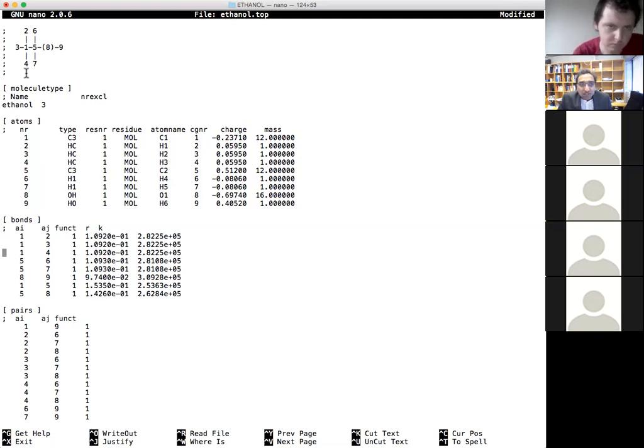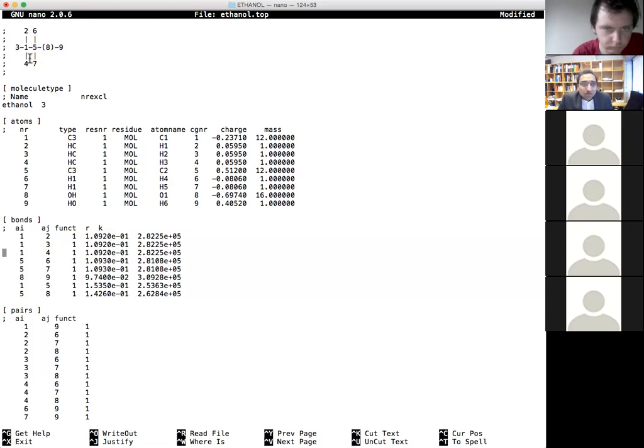In principle, atom 7 and atom 8 should have an electrostatic interaction between them, right? Because they are both charged. But this is going to interfere with the bonded potentials, which also take into account these electrostatic interactions to some degree. Therefore, we say that we are only going to calculate electrostatic and van der Waals interactions for those pairs of particles which are more than 3 bonds apart. For example, atom number 3 and atom number 6, or atom number 2 and atom number 9.